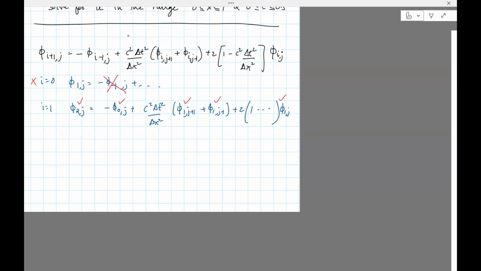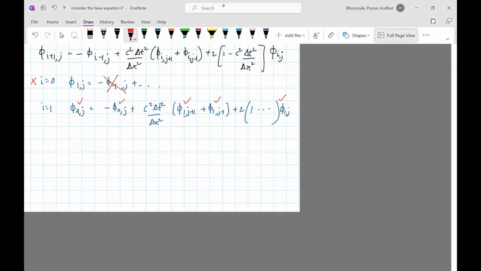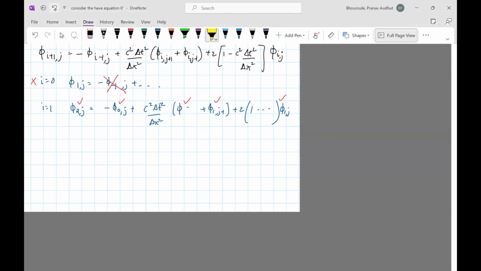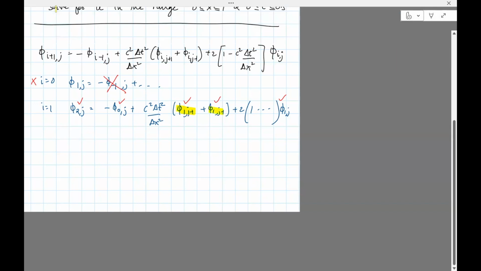So we need to know the value of these, right? We need this value, which is here. This is the value at i equals 1, whatever the time is.